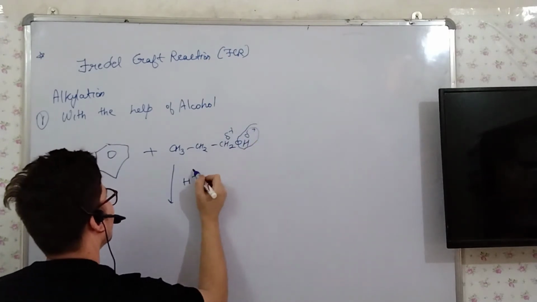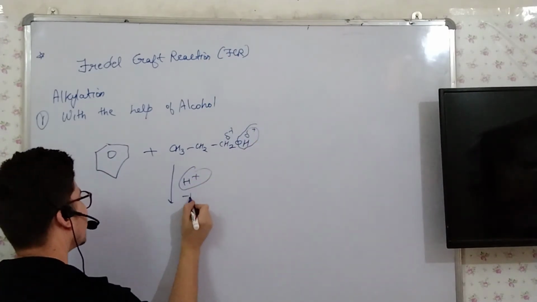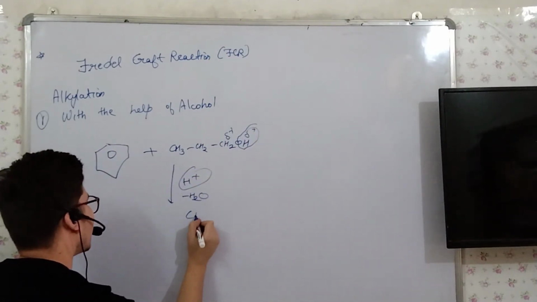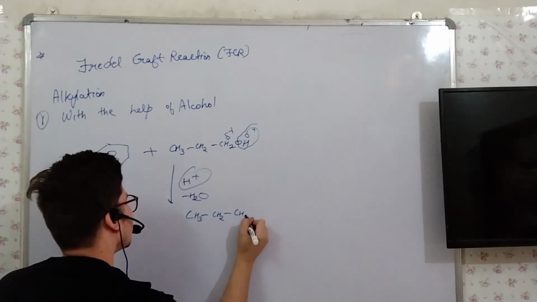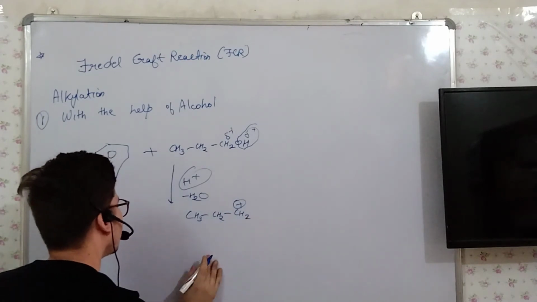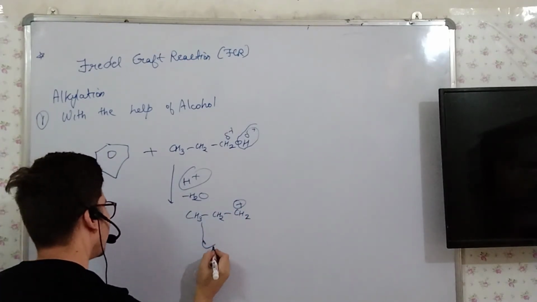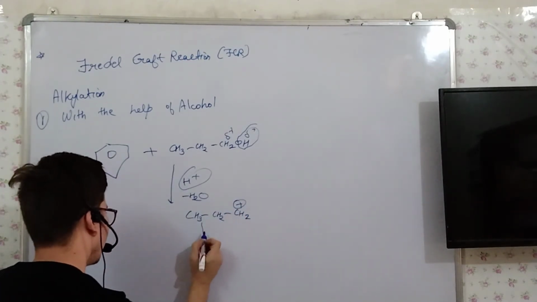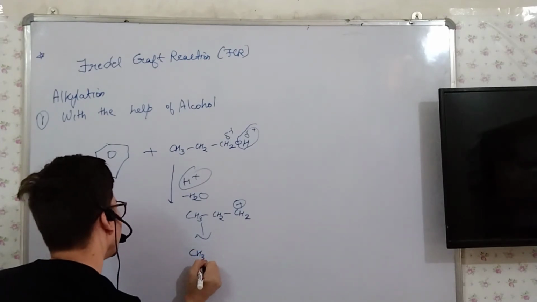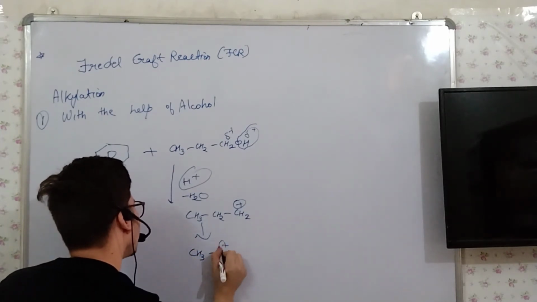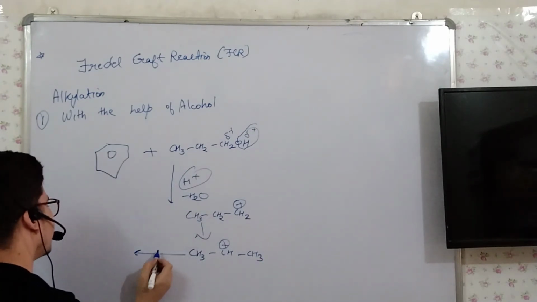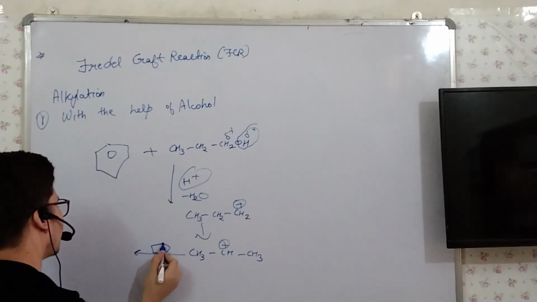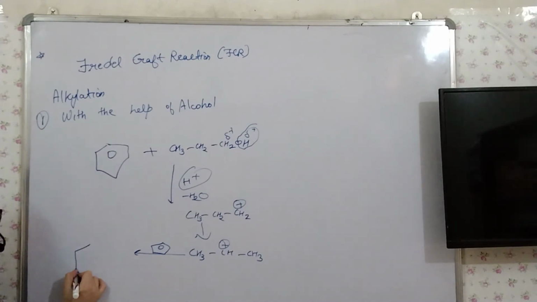This will be removed as water, so minus H2O. So the carbocation formed here is CH3CH2CH2 plus. This will again go through rearrangement and form CH3 CH plus CH3, which reacts with the benzene ring and forms isopropylbenzene.